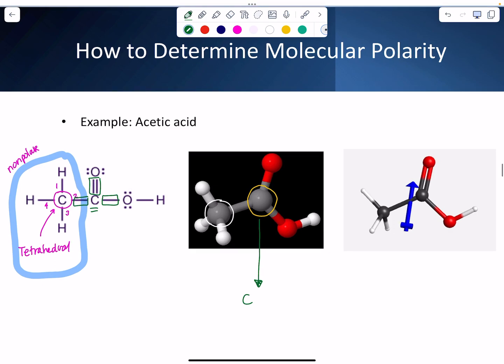So we've got a carbon with 3 structural pairs. So that's going to give us what kind of geometry? Look up in your chart. We've got no lone pairs around it. Trigonal planar.